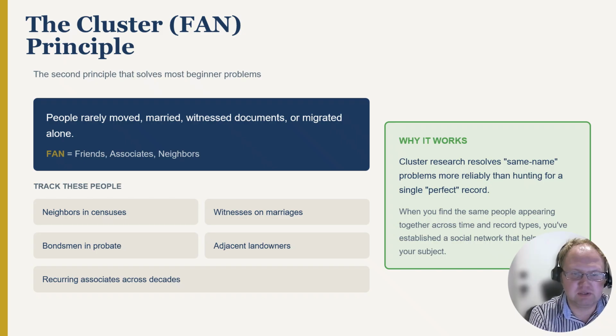Land records. Who owned adjacent property? Who witnessed your land transactions? Chain of title. Neighbors often reveal family connections. And you'd be surprised, particularly in early periods, early deeds would mention the whole chain of title from the patent first granted by the government to the present day. There's often a lot of information.